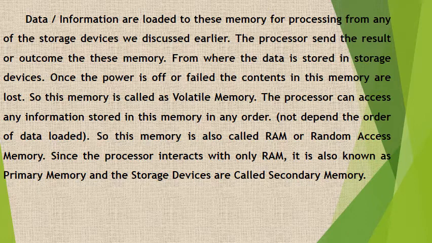So this memory is called volatile memory. The processor can access any information stored in this memory in any order, not depending on the order of the data loaded. So this memory is also called RAM or random access memory. Since the processor interacts with only RAM, it is also known as primary memory, and the storage devices are called secondary memory.